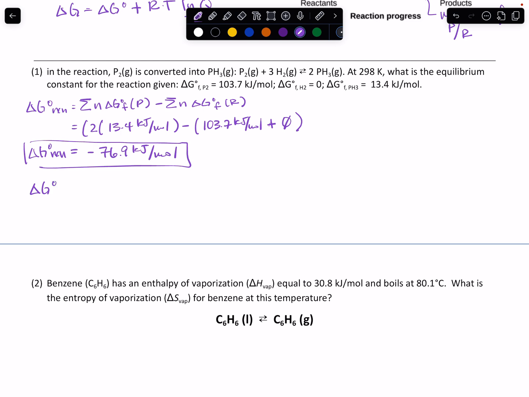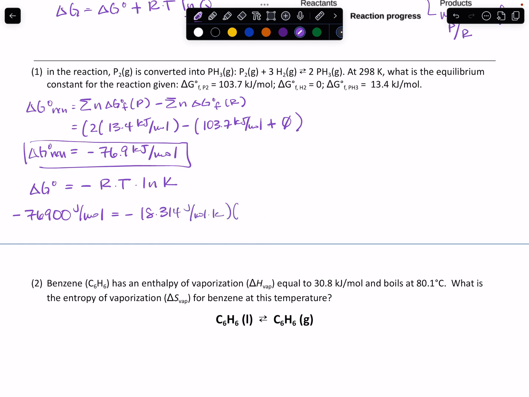So delta G is going to be equal to negative R times T times the natural log of K. Now I know that R has a unit of a joule in it. You can decide which way you want to go, kilojoules to joules or joules to kilojoules. I'm just going to go kilojoules to joules. So that becomes negative 76900 joules per mole equals negative 8.314 joules per mole Kelvin.